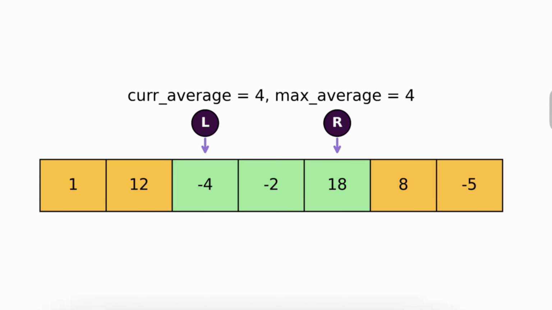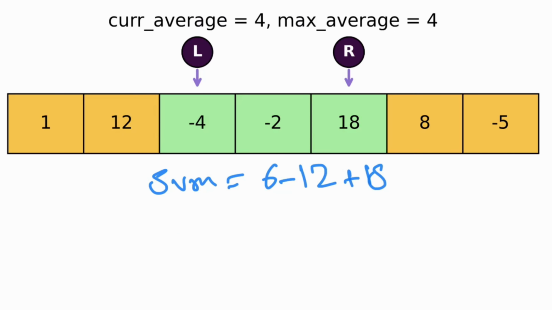And for the next one, we have our summation will be 6 minus 12 plus 18, which is 12. 12 divided by 3 is 4.